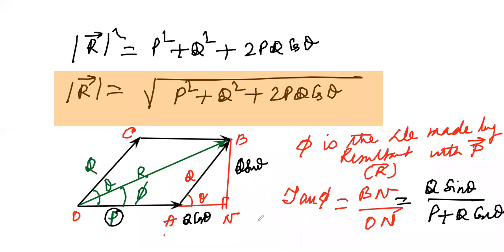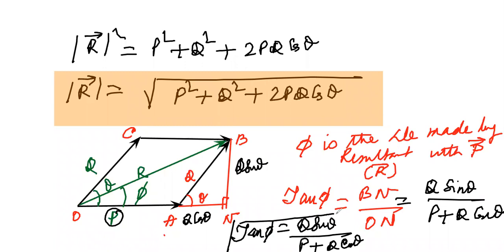So I'll write q sine theta divided by P plus q cos theta. So from here you can get the value of phi, that is tan phi is equal to q sine theta divided by P plus q cos theta. So this is the value of tan phi. So this is the most important part, that phi is the angle made by the resultant with the direction of the P vector.